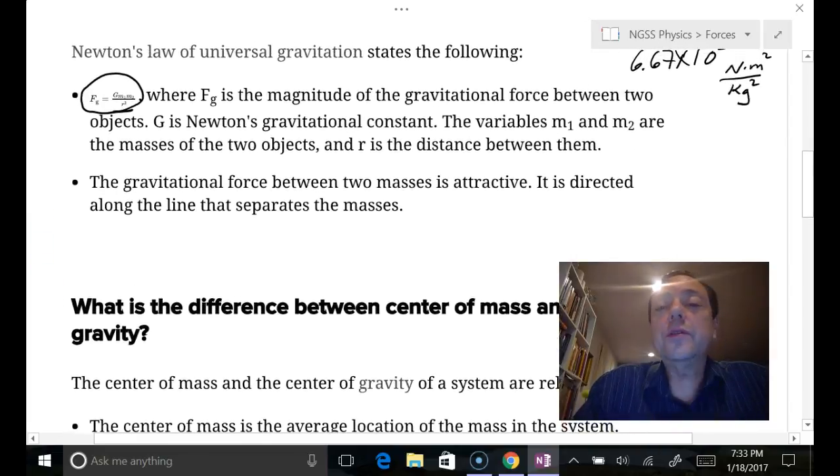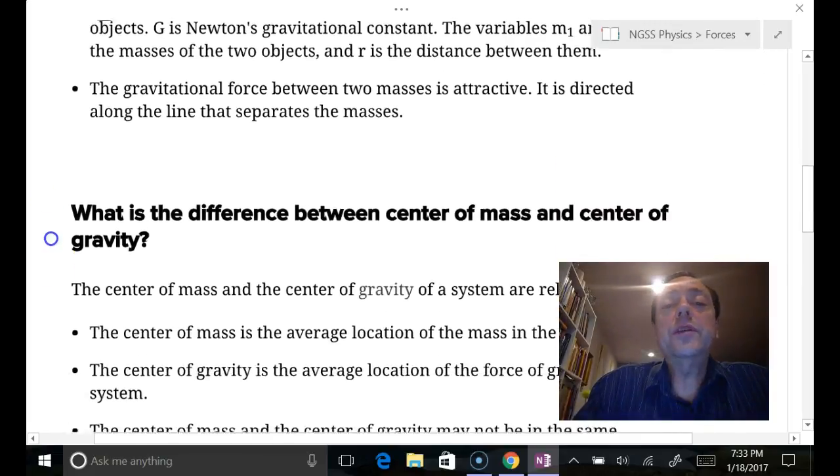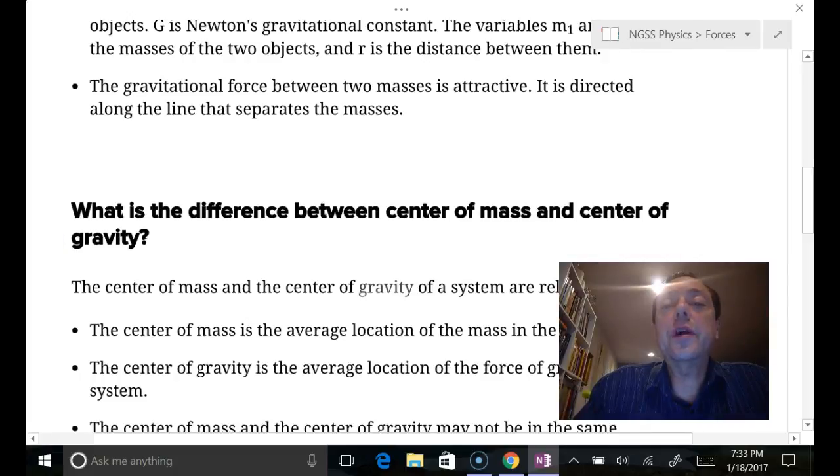The variables m1 and m2 are the masses of the two objects, and r is the distance between them. The gravitational force between two masses is attractive. It is directed along the line that separates the masses' centers. All right, it's measured center to center.